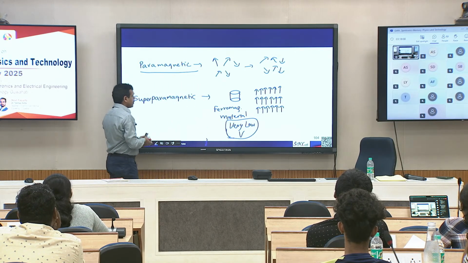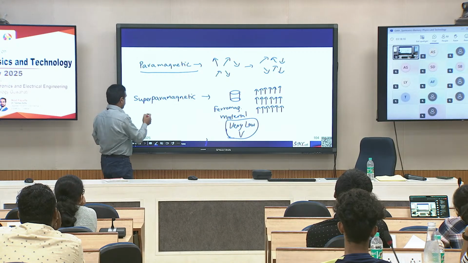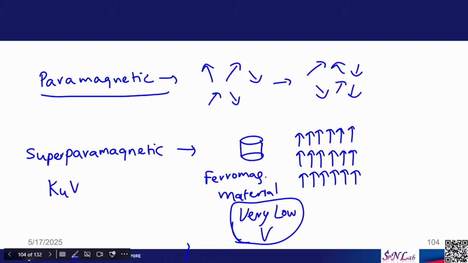Then, when you have a ferromagnetic particle, the energy that keeps the magnetization in a certain direction depends on KuV, where V is the volume of the particle and Ku is the anisotropy constant of the material.